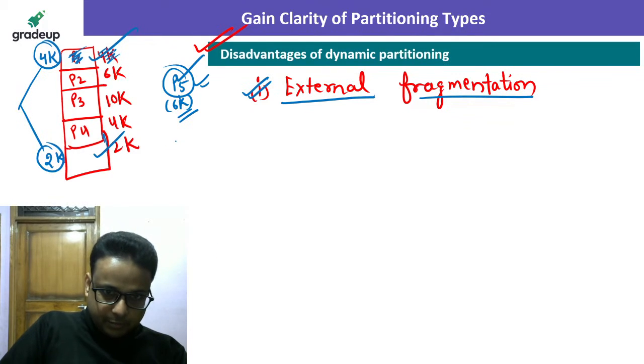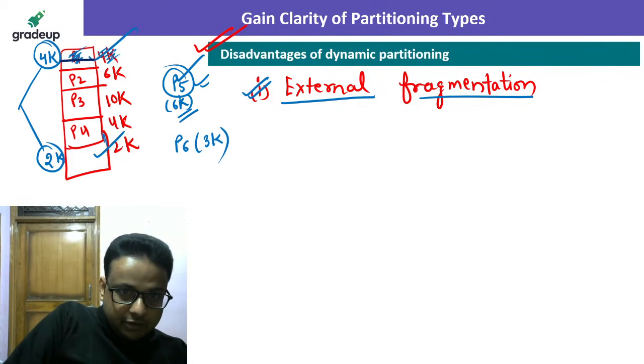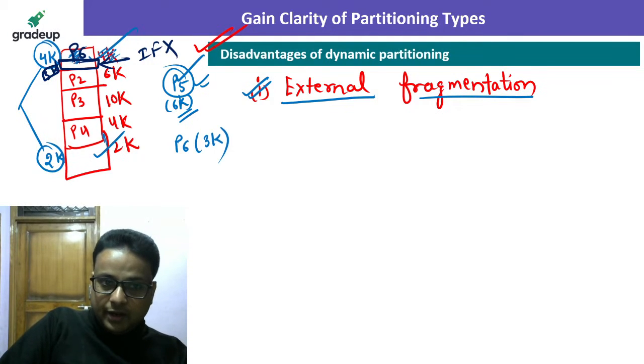Or you can say, suppose we have P6 and P6 require only 3k. Now what will happen? So see here, if we have 3k, so 3k will be allocated here. We call it P6 and this 3k, are you understanding? This 3k will be remaining. But please remember, this is not a internal fragmentation. No. Why not of internal fragmentation?